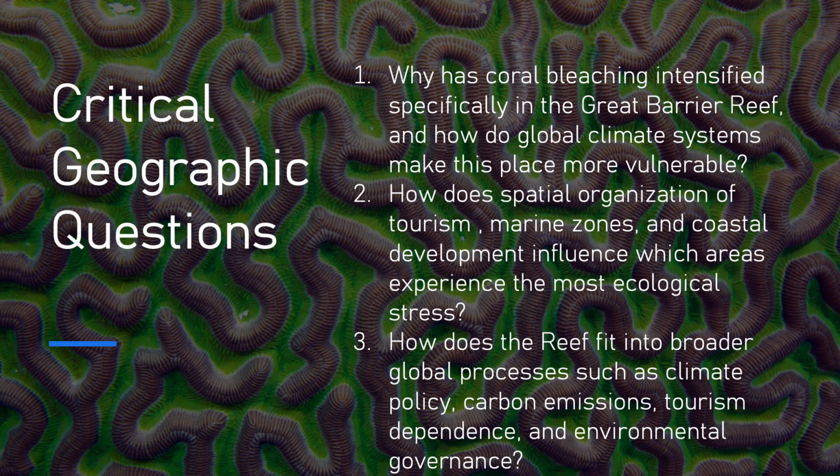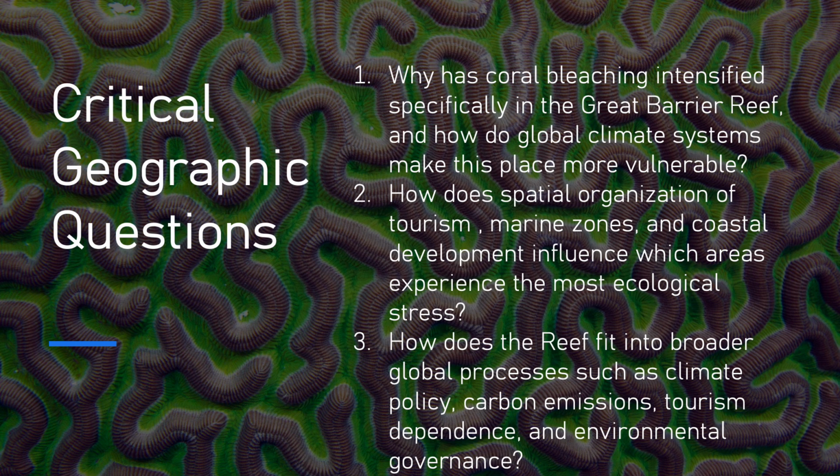I have developed three key questions for this presentation. First, why has coral bleaching intensified, especially in the Great Barrier Reef, and how do global climate systems make this place more vulnerable? Second, how does the spatial organization of tourism, marine zones, and coastal development influence which areas experience the most ecological stress?